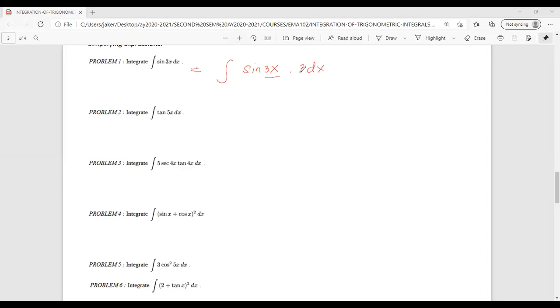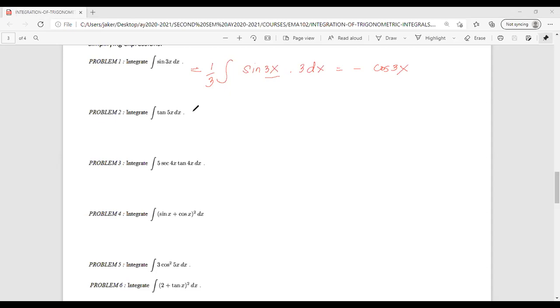Since you have already introduced 3 here, you need to place 1/3 here, which is equivalent to multiplying your original integral by 3 over 3, so it did not alter the integral at all. So your answer is negative one-third cosine of 3x. This is just using a simple trigonometric formula in integrating. So we start off with that.